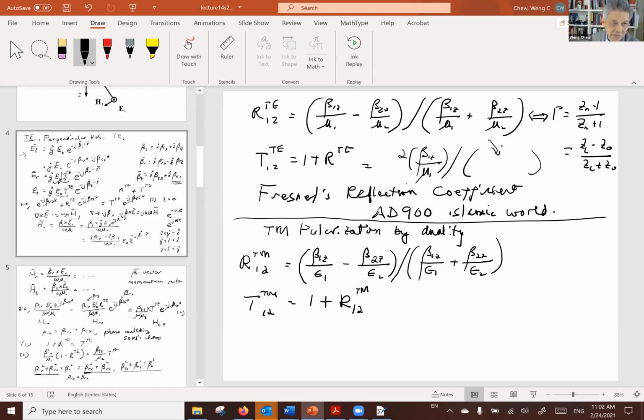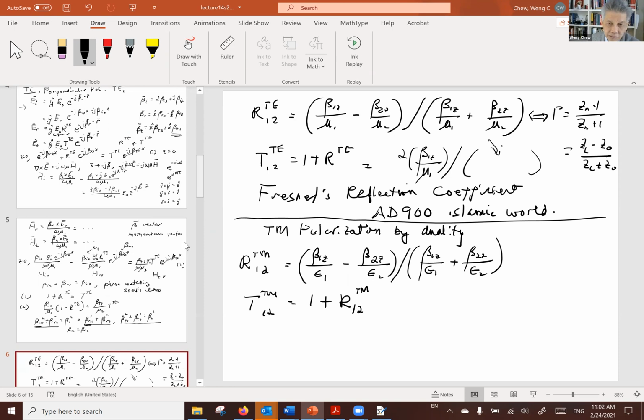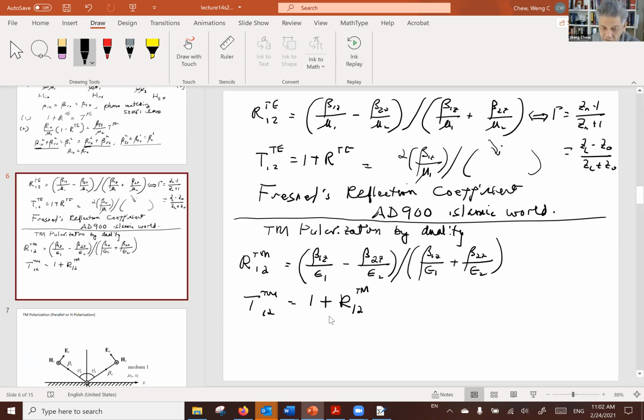We define this reflection coefficient to be that for the electric field. So when we use the duality principle, this will be the reflection coefficient and transmission coefficient for magnetic fields. Okay, you have to make that distinction, because these are not reflection coefficient and transmission coefficient for electric field anymore.